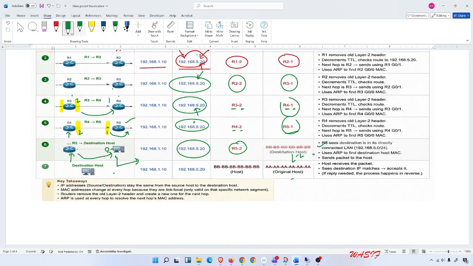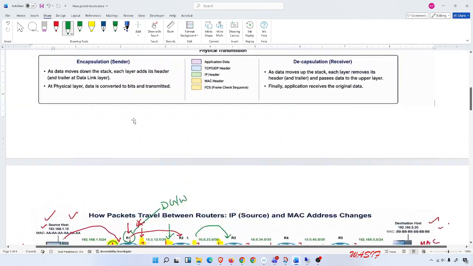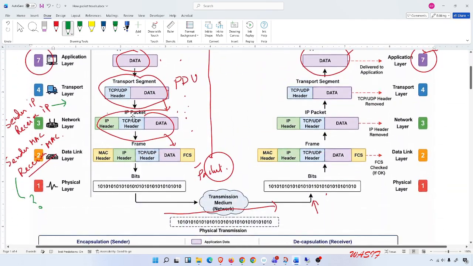So he sees his MAC address, he's very happy, and he sees the IP address, which is the layer 3 decapsulation, and he sees his IP address. So he is free to decapsulate the packet all the way from layer 1 to layer 7. Okay, so the decapsulation is done here.